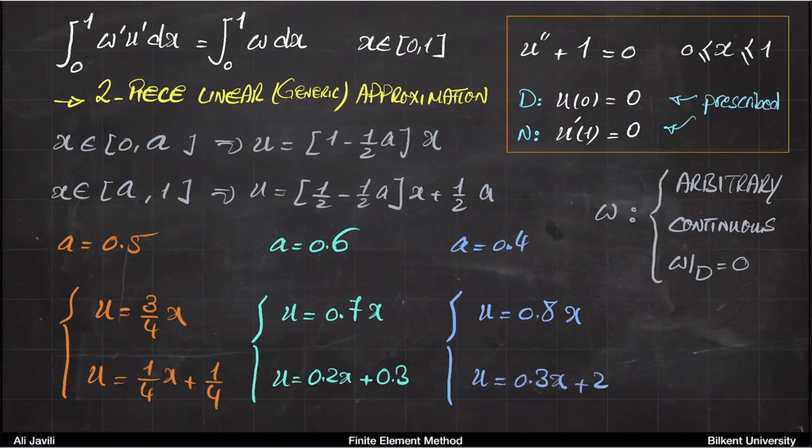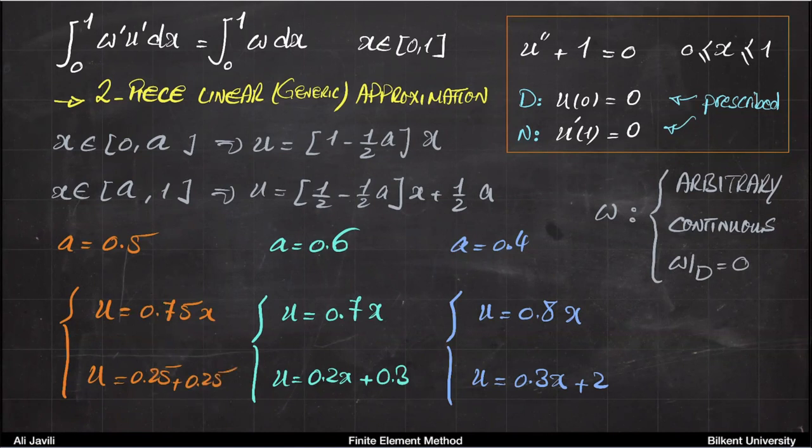All right, now if you look at these numbers, just to make it more interesting and maybe remind you of something, let's say instead of 3/4, I'm going to write 0.75x. And here downstairs, I'm going to write 0.25x plus 0.25.